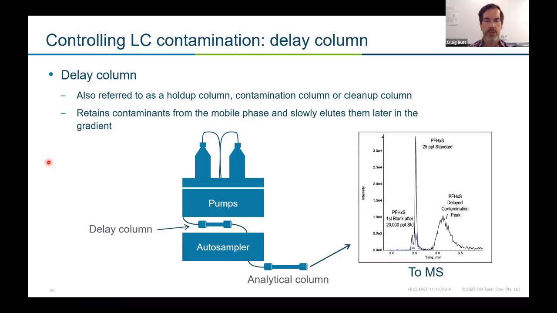It's important to control, first of all, the PFAS that may be leaching from the LC system by removing as much of the fluoropolymer that may be there. But then there's always going to be a little bit that's leaching out from things that we can't replace. And then using this delay column to delay that pump contamination from the analytical peak is essential.